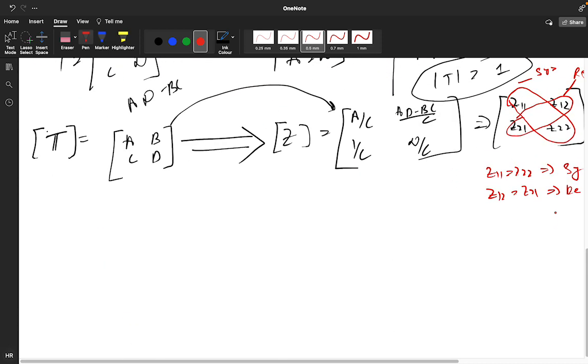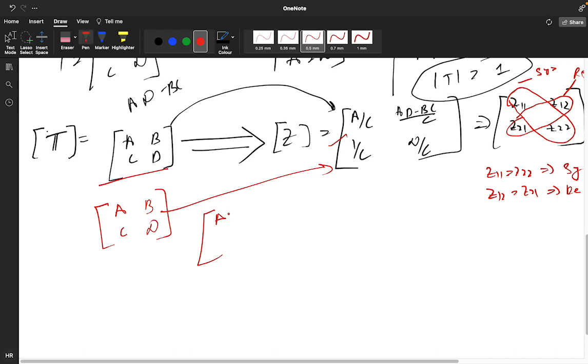Okay. Sometimes they will directly give you a question with an ABCD parameter. Then you don't have time to solve the equations and get the Z parameter results. So you will use this conversion. Your Z parameter is directly A by C, 1 by C, AD minus BC by C, and D by C. You will check if these two are equal, then the network is reciprocal.